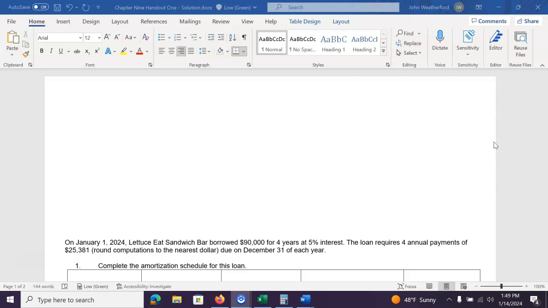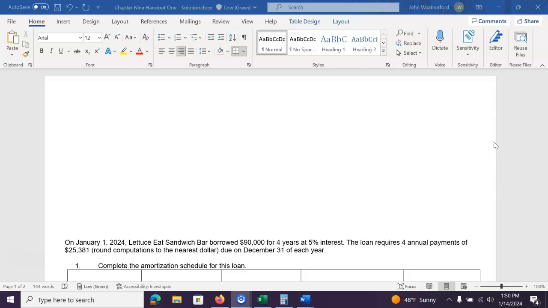But here we're going to look at some notes payable that stretch beyond 1 year. On January 1, 2024, Let Us Eat sandwich bar, I wanted to say salad bar, borrowed $90,000 for 4 years at 5%.